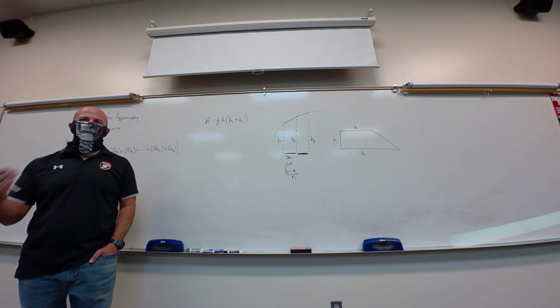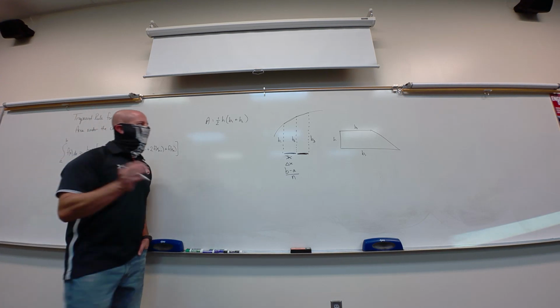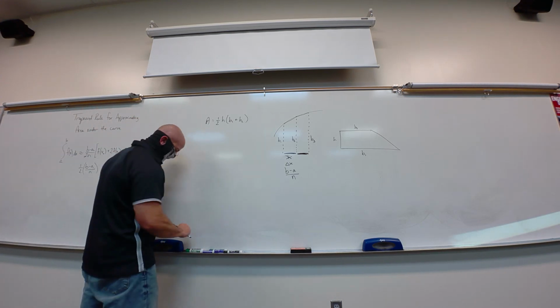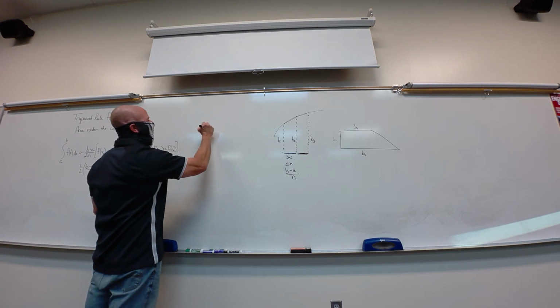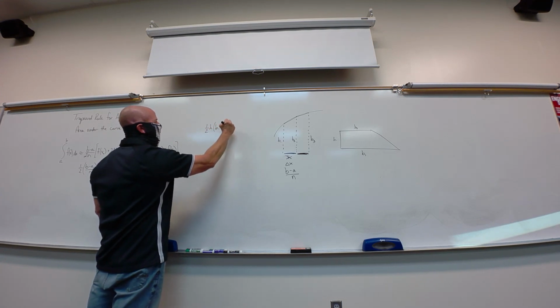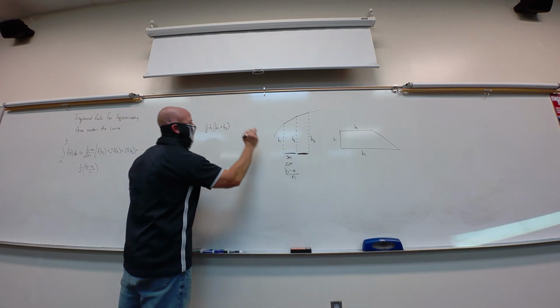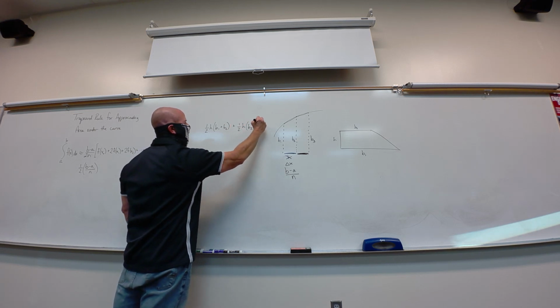One for the left one, one for the right one. Does that make sense? Yes. Okay, so if I write out the formula here, maybe it looks something like this. 1/2 height, B1 plus B2, that's our first one, plus 1/2 height, B2 plus B3.